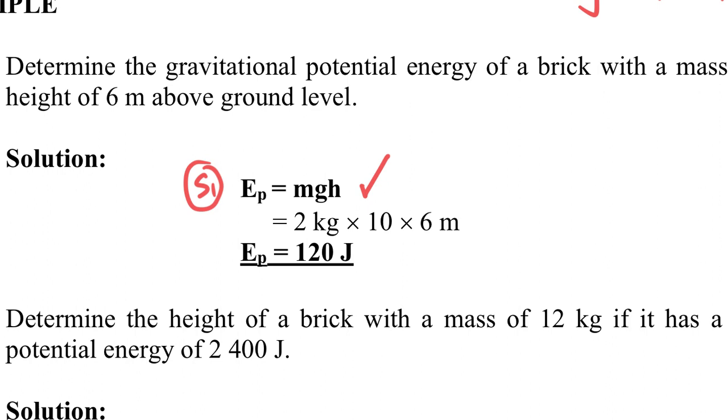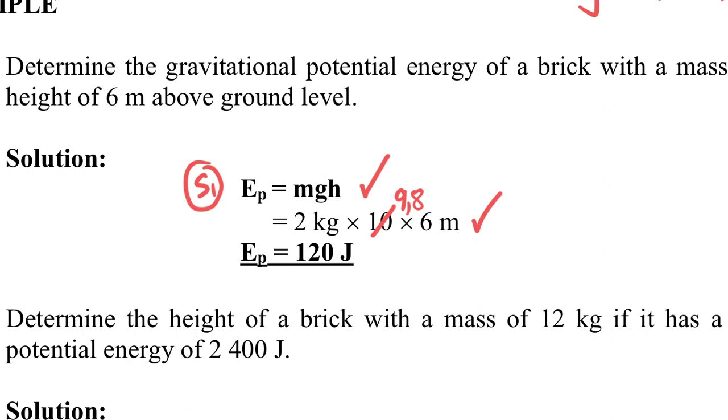We now substitute the values for mass, gravity, and height in there. Now, as I've just mentioned, we are not going to work with 10, we're going to work with 9,8. And so we're not going to get quite 120 joules. So please do not work with G equals 10 in the syllabus.